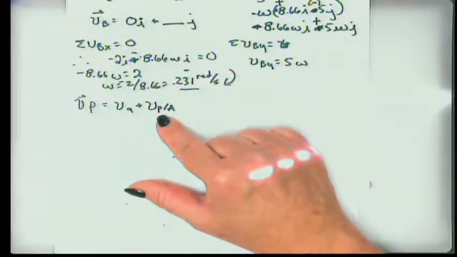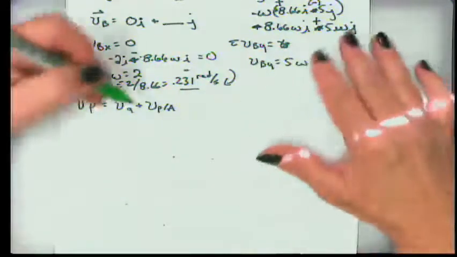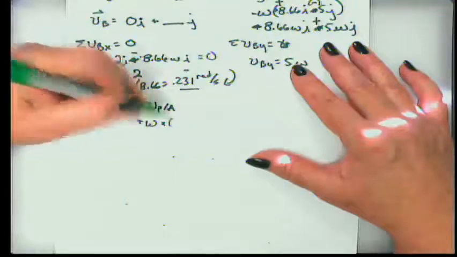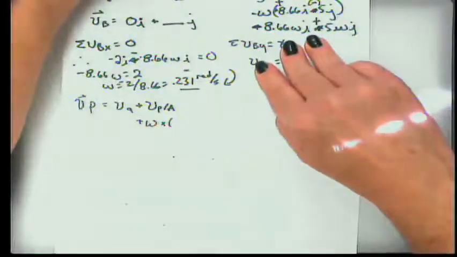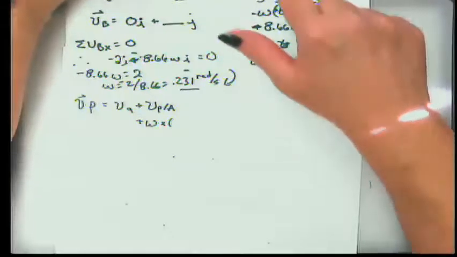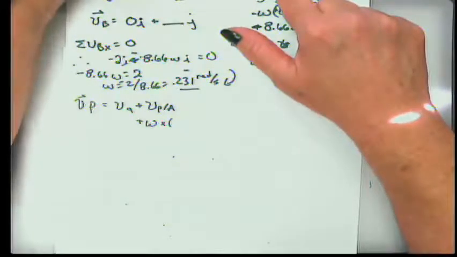But the painter is only halfway up on the ladder, right? So that means this is going to be omega crossed with the R for the painter, which instead of being 5 meters in the x direction is 2.5, but I still want to do that. Boy, I'm just desperate to do that.